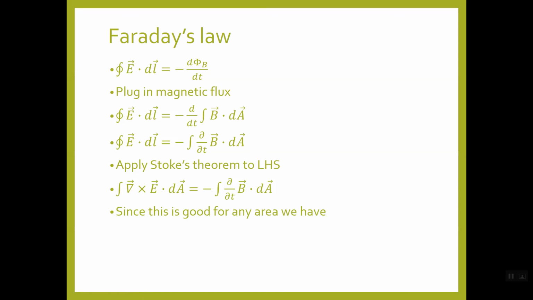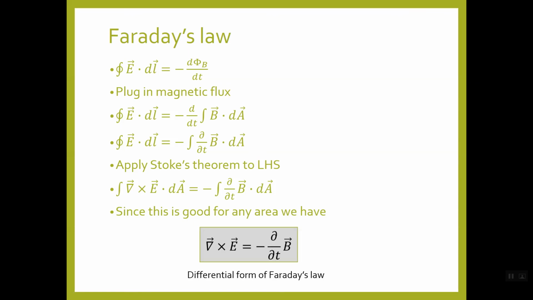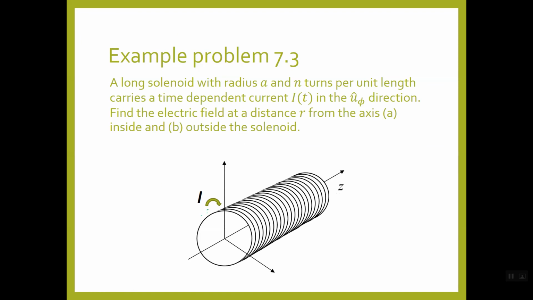And since this is good for any area, we find that the curl of our electric field is equal to minus the changing magnetic field, d/dt of our magnetic field. This is the differential form of Faraday's law.